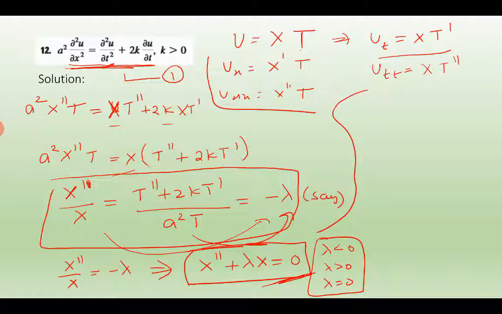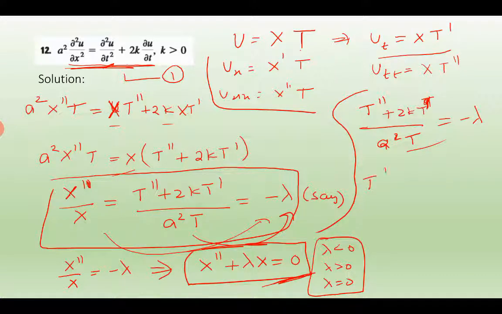And I will compare the second part, T double prime plus 2k T prime over a square T is equal to negative lambda.